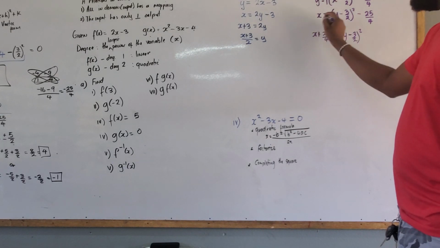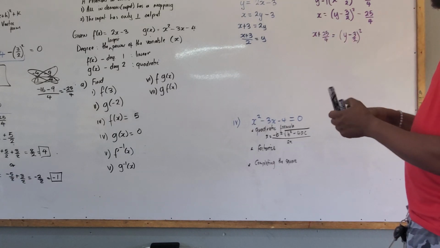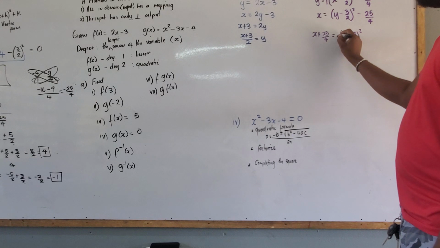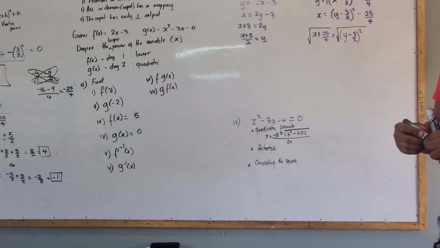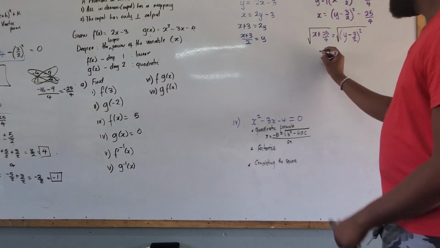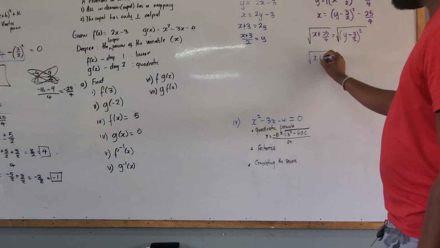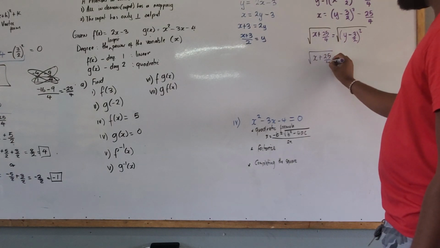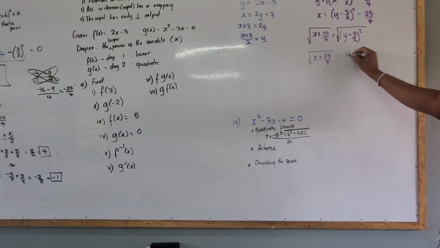So I take the square root of this side, which means I'm going to take the square root of all of that. We're not looking for pretty, we just want it to work. So over here it's simply the square root of x plus 25 over 4 equal to y minus 3 over 2.